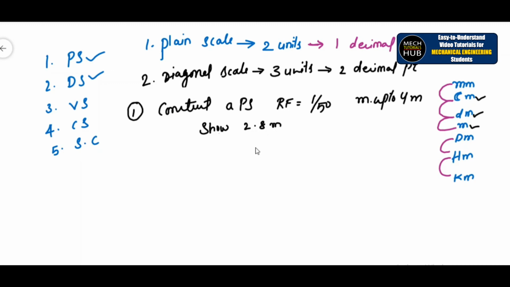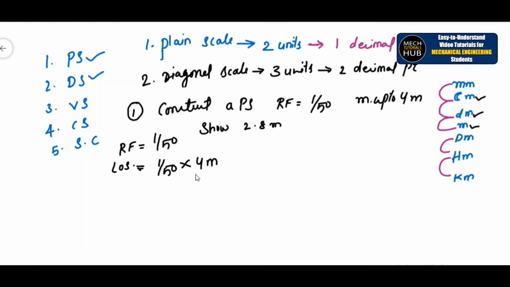So what we need to calculate now: initially RF and length of scale. RF value is directly given to us, RF is equal to 1 by 50. So length of scale becomes 1 by 50 multiplied by 4 meters, measure up to a distance of 4 meters.